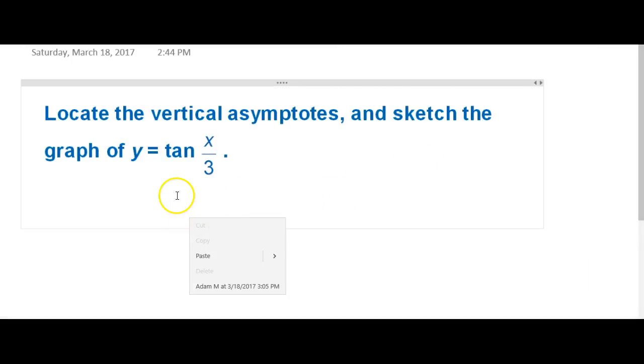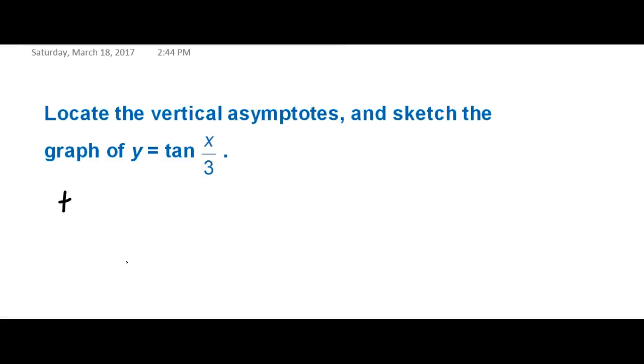Well, let's first look at tangent of x, which we've defined earlier as sine of x over cosine of x. Notice that the denominator is going to be 0 wherever cosine of x is 0, and that happens to be at pi over 2 and negative pi over 2.